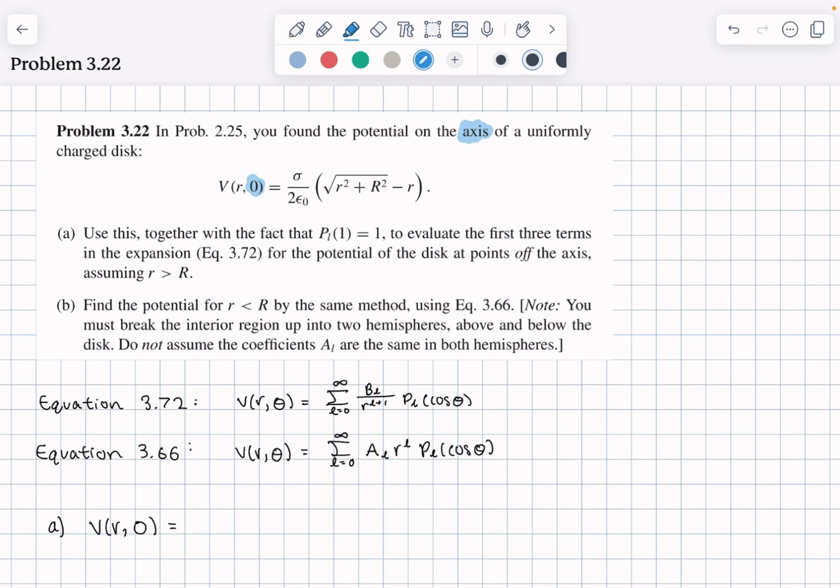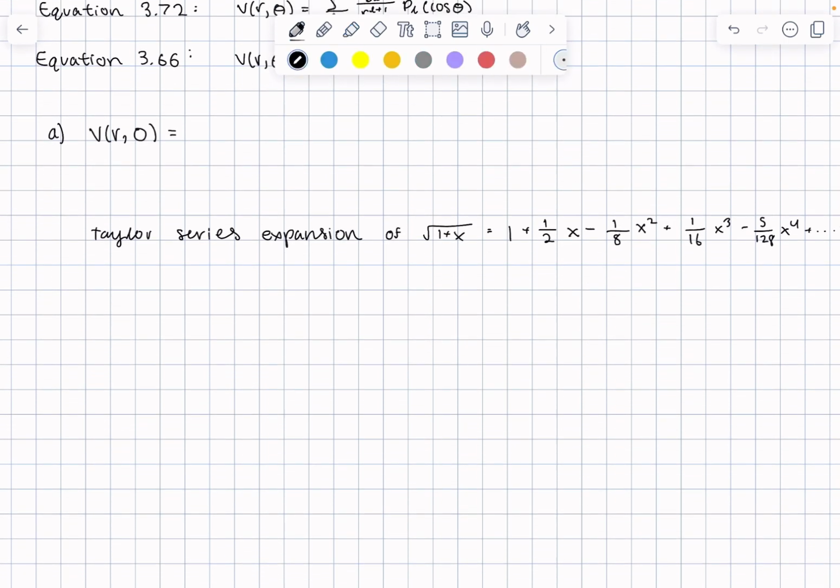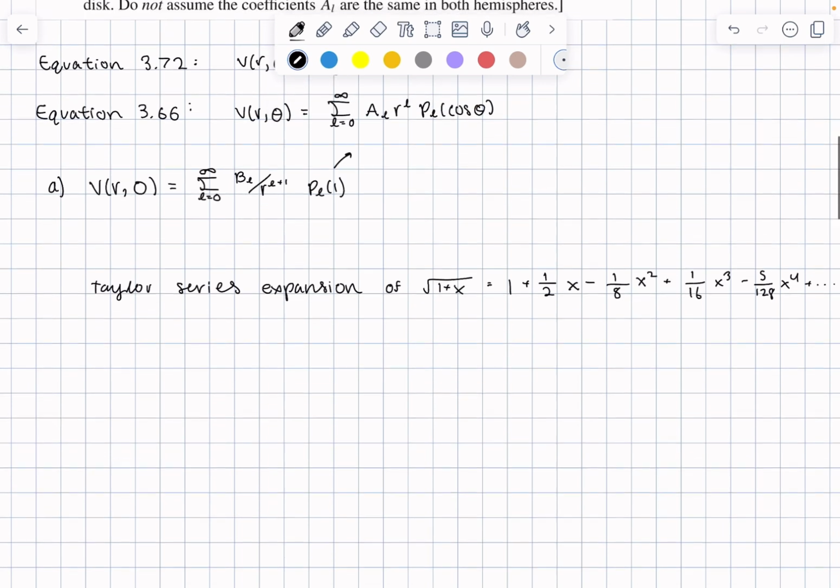So for part A, we can first just rewrite our potential for r and when theta is 0 as the sum, this is from equation 3.72, from L equals 0 to infinity of B_L over r to the L plus 1 times P_L of 1, because cosine of 0 equals 1, so that's where we're evaluating it.